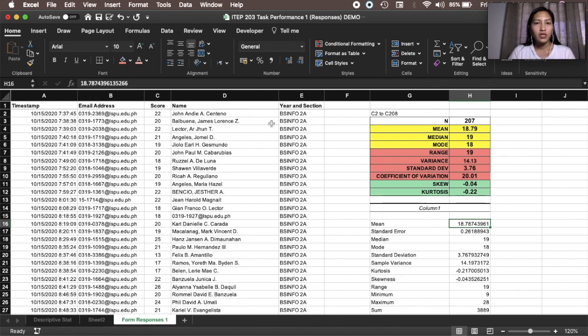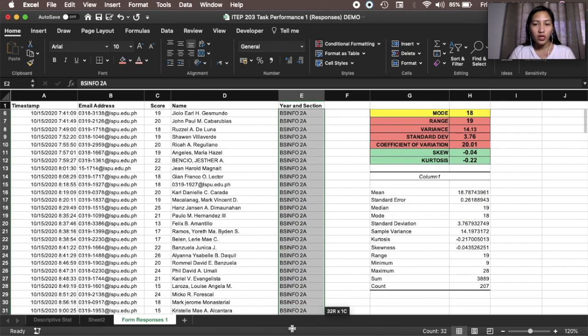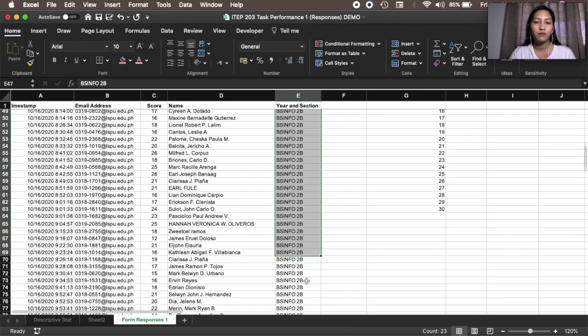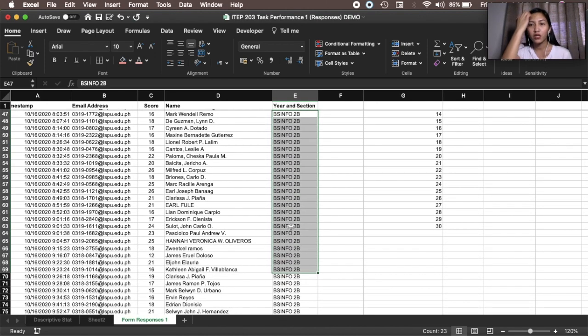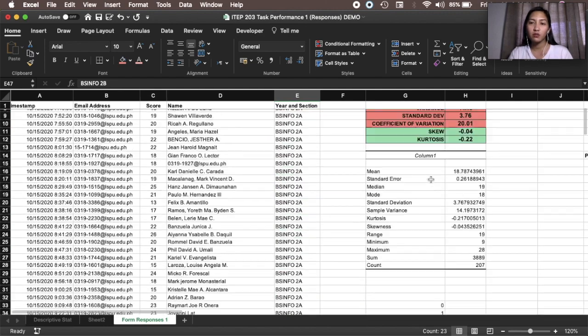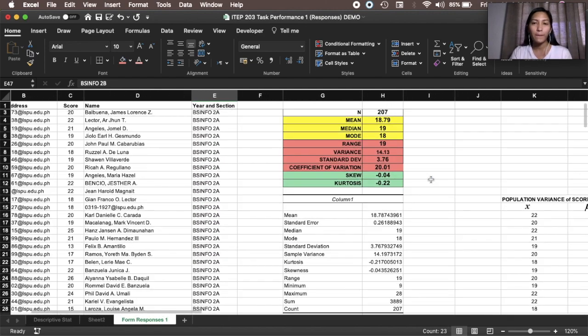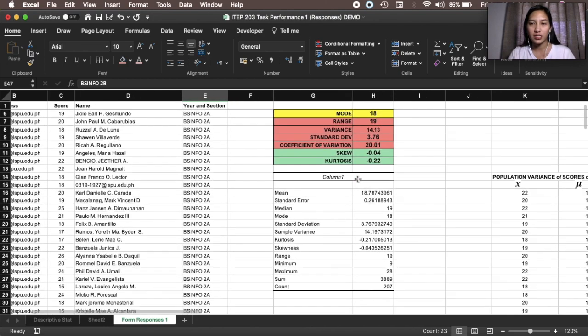So, syempre, itong data na to ay scores ng 2A, may scores ako dyan ng 2B, may scores ako dyan ng 2C. So, what if I want to compare the scores of 2A and scores of 2B with the descriptive statistics na nabanggit ko sa inyo? Doon na mas magiging meaningful ang ating iba't ibang descriptive statistics.